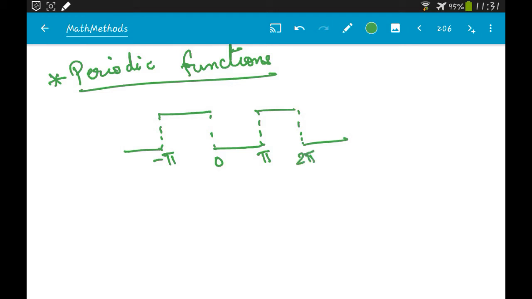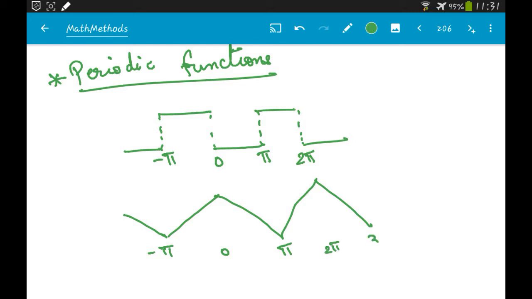This is 2 pi. And then we can have another one. So these are all, this is 0, this is pi, this is 2 pi, this is 3 pi, and so on.